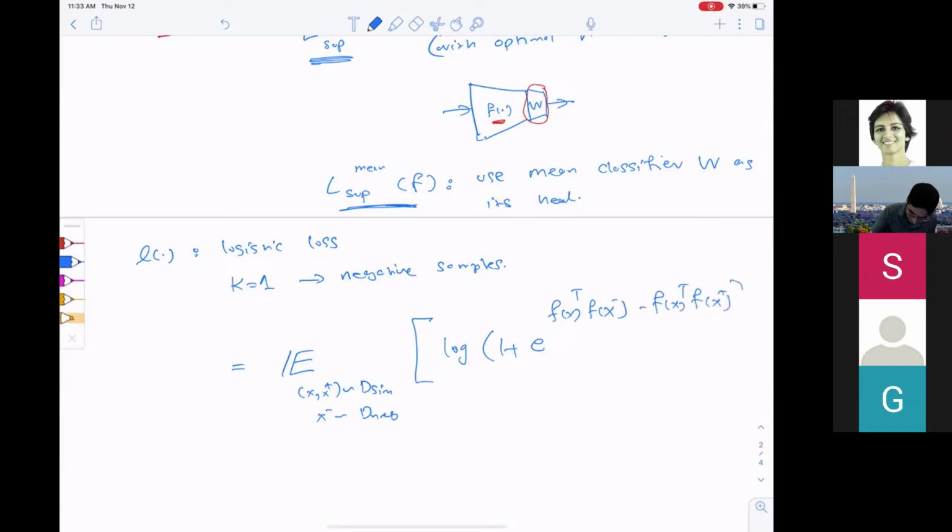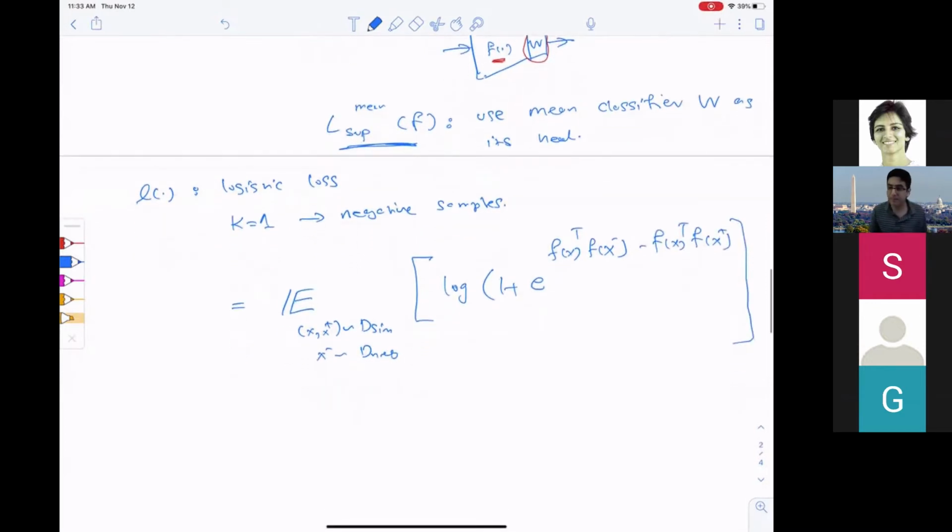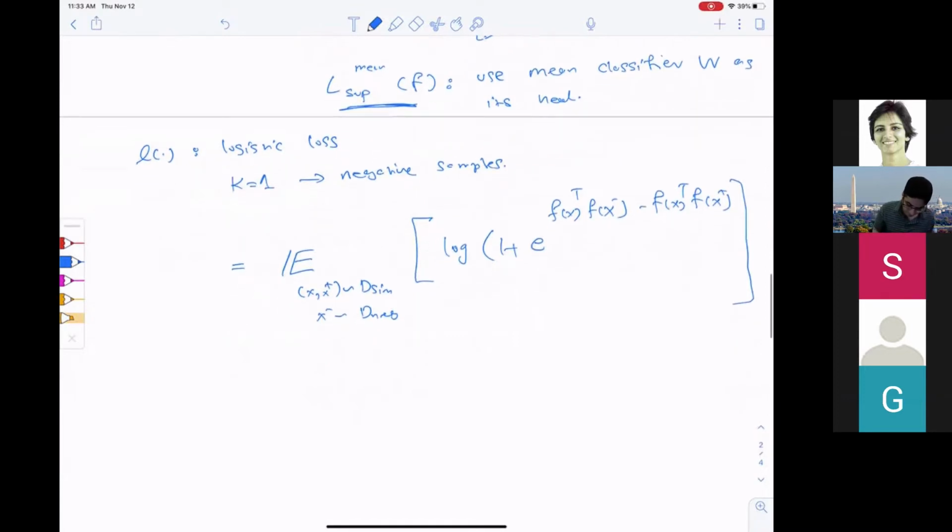It's exactly the same loss function as for the sentence embedding.